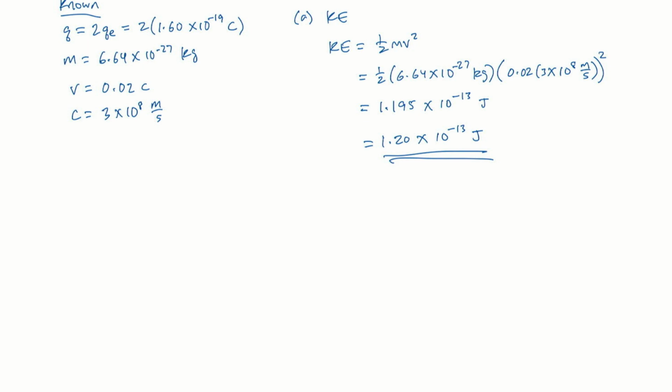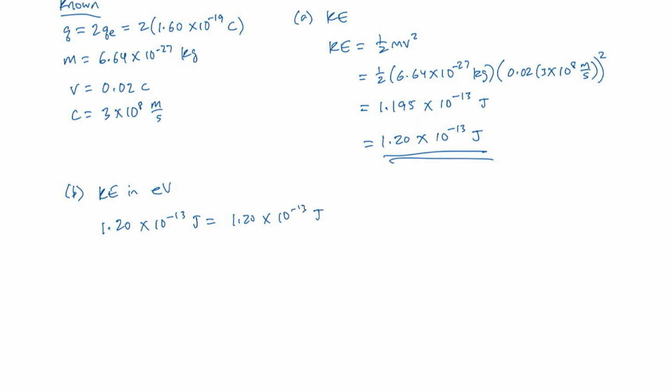All right, in part B, we need to convert that to electron volts. Okay, so we have 1.20 times 10 to the minus 13 joules. Let's set it equal to itself.